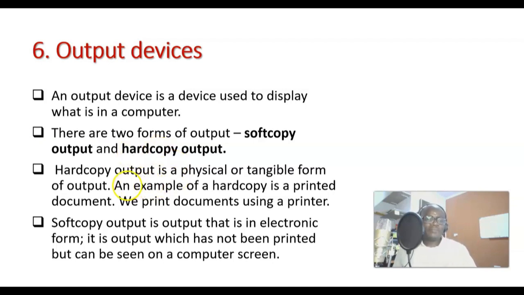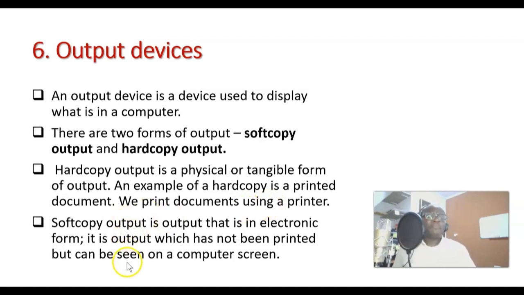Let us see what these are. Hard copy output is a physical or tangible form of output. You can touch it. Like when you print on a paper, that is a hard copy. So when we print something using a printer, we can say, well, I have a hard copy. A hard copy is a physical form of output.